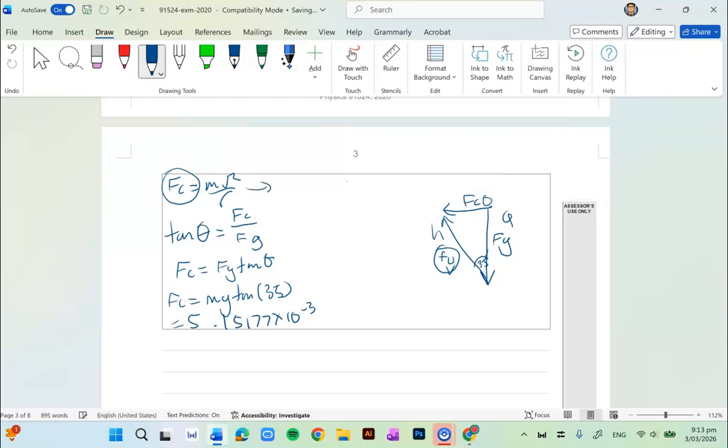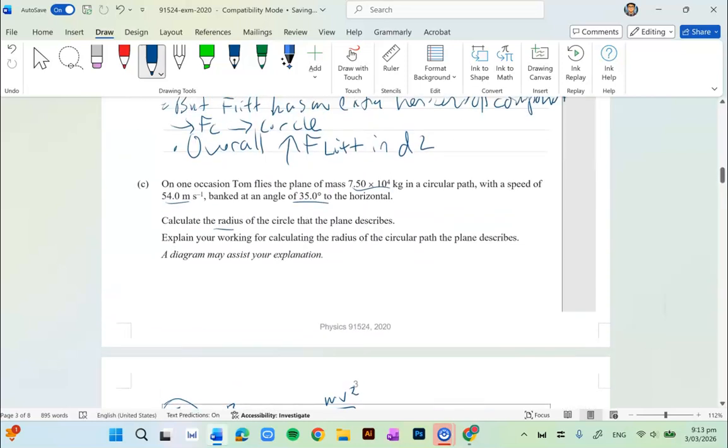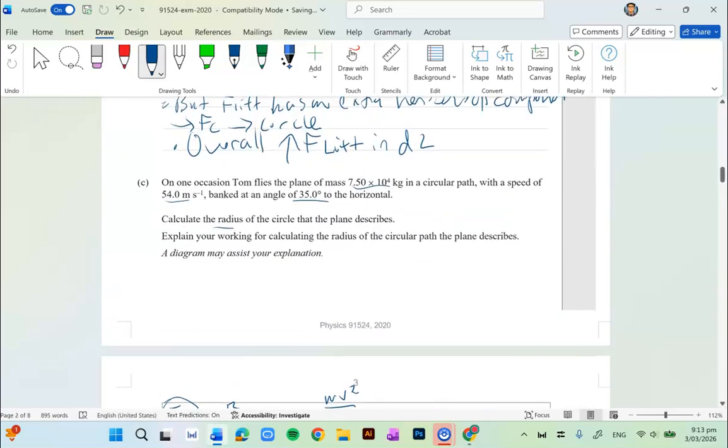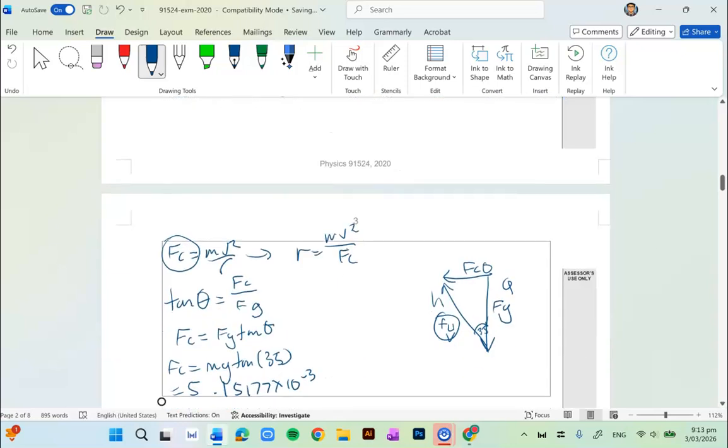So if we rearrange that, R equals mv squared over FC. I think that's right. So 7.5 times 10 to the negative 4 times the linear velocity, which is 54 squared, divided by the FC.